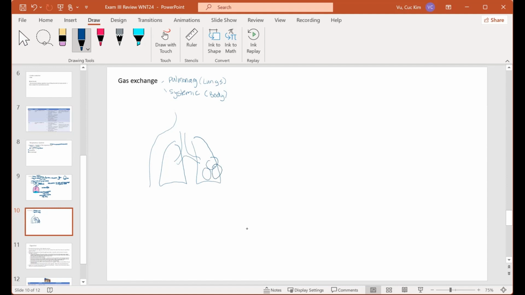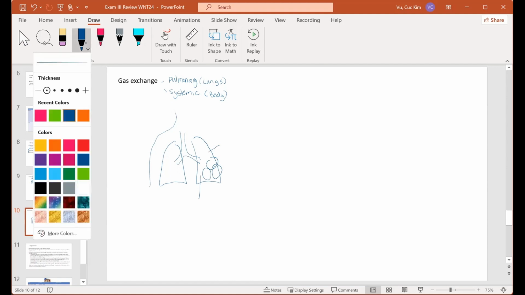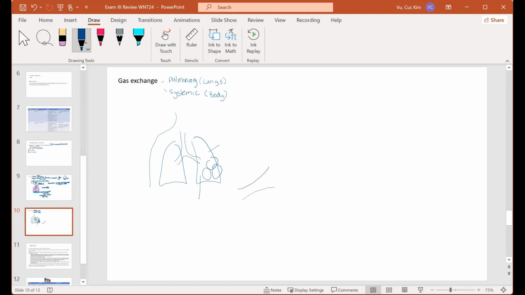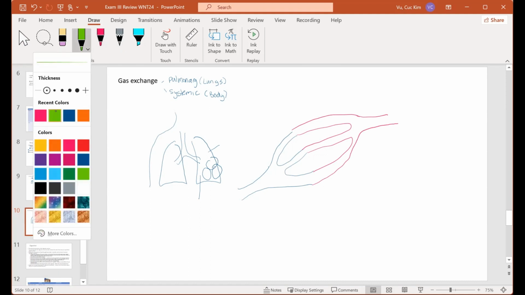Okay, so I'm going to zoom in at the alveoli. Here's the alveoli.